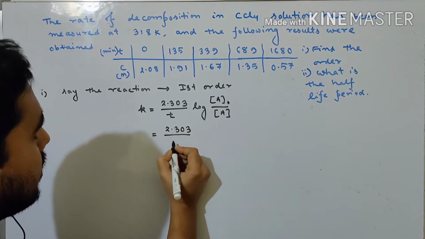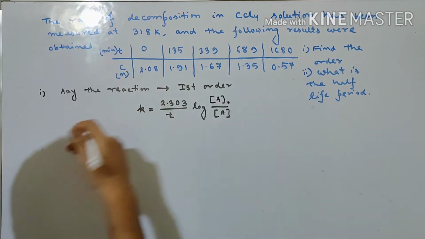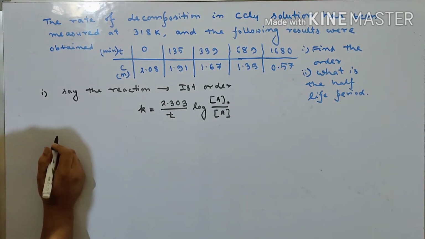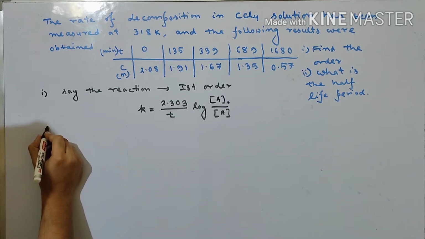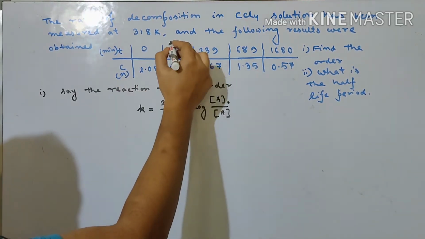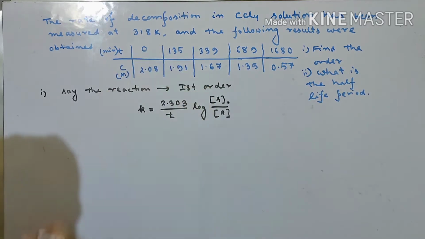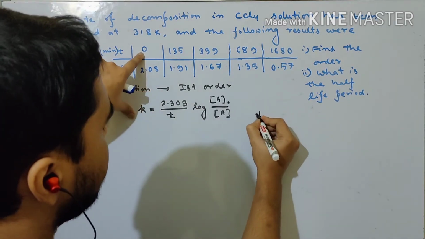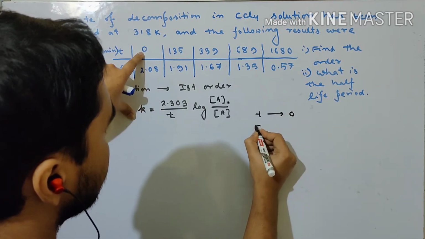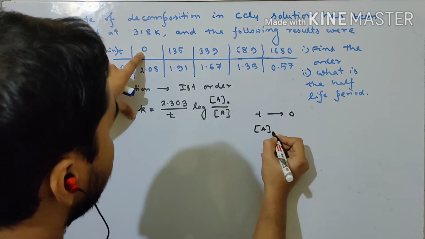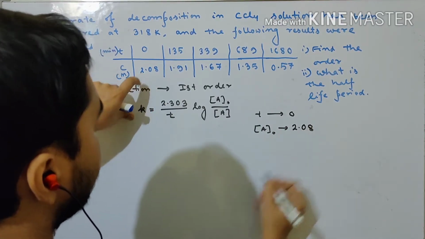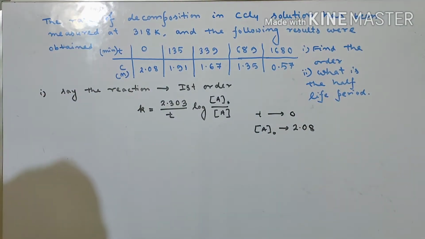Here, there are various data, right? Let us see one by one. This is the first data. We have to understand that when T is equal to 0, the concentration of the reactant should be maximum, so that value of A0 is 2.08. That we have to understand first.